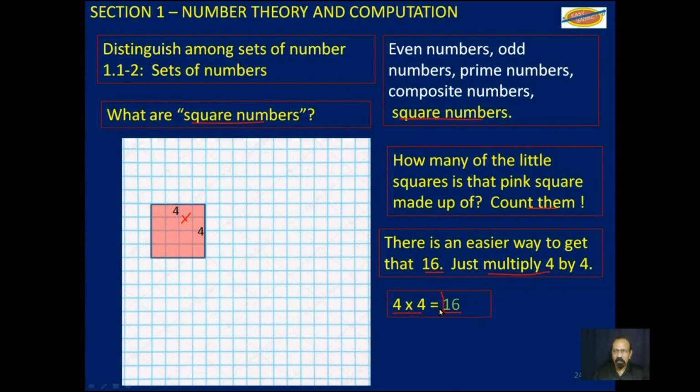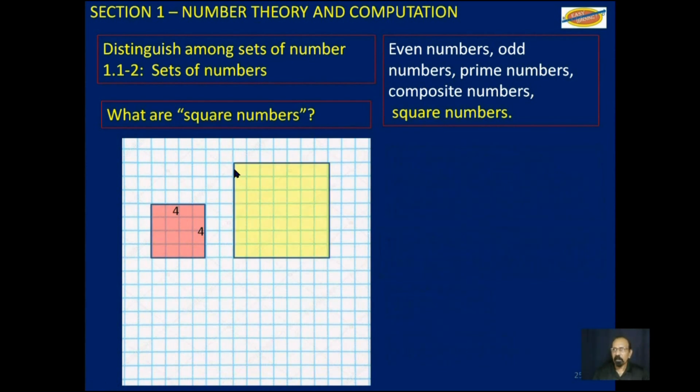Now, notice that in order to get 16, we had to multiply 4 by itself. So 16 is the square number. The number that you squared to get it is 4. So 4 squared will give us 16. 16 is the square number. The number that you squared to get it is 4.